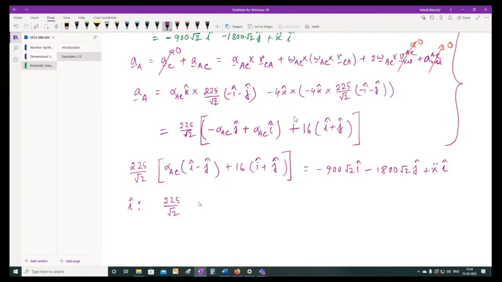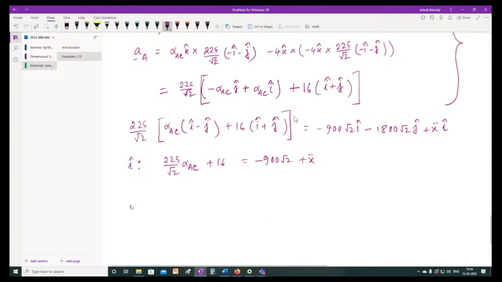So we have alpha AC plus 16 is equal to minus 900 root 2 plus x double dot. In this, there are two unknowns. Now if you just take coefficients of j, it is 225 by root 2 (alpha AC plus 16) is equal to minus 1800 root 2.